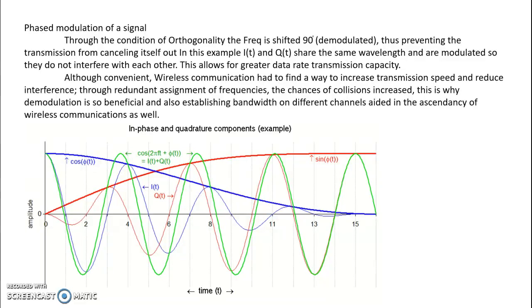Although convenient, wireless communication had to find a way to increase transmission speed and reduce interference. Through redundant assignment of frequencies, the chances of a collision increased. This is why demodulation is so beneficial, and also establishing bandwidth on different channels aided in the ascendancy of wireless communications as well.